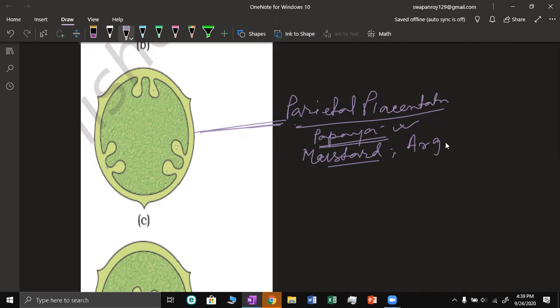In mustard, the ovary is initially one chambered, but later on it becomes two chambered by a false partition. So this is parietal. The ovules are attached to the inner wall of the ovary.